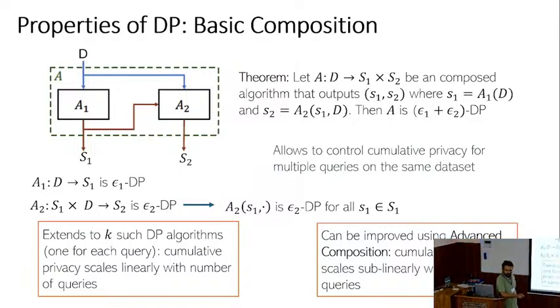So when we prove it, D can vary only in a particular way? No, D can vary; S1 is still fixed. We show that for all S1. Take any S1. Sure, but what I'm saying is that when you write A2 of S1 comma dot, that S1 is itself S1 of D. S1 comes from D, yes. But we prove it for all S1. Sure, you can prove it for all S1.